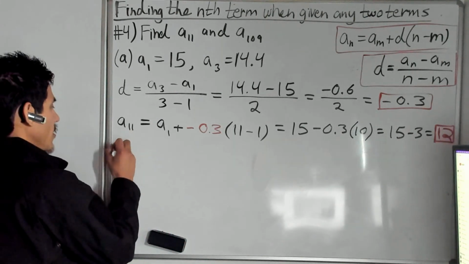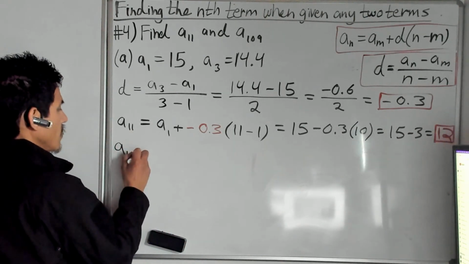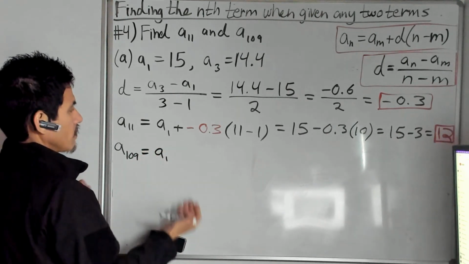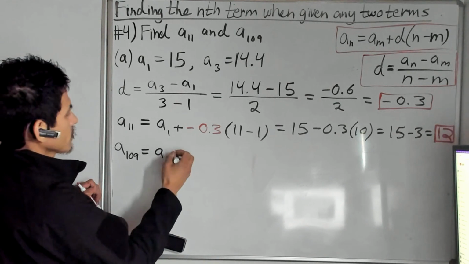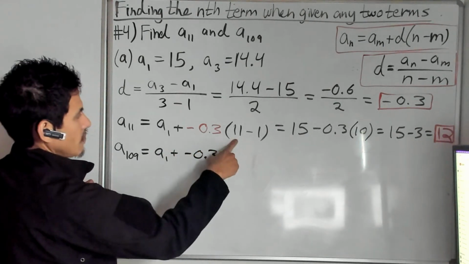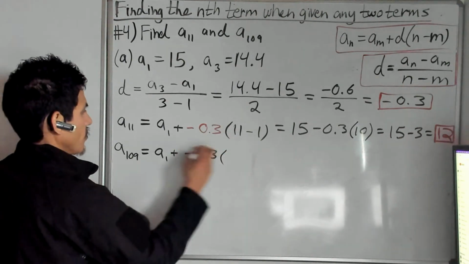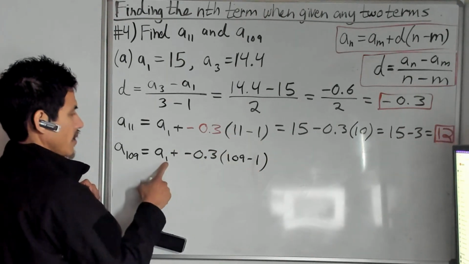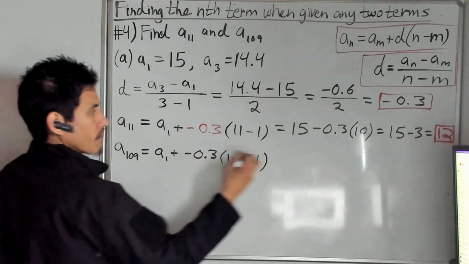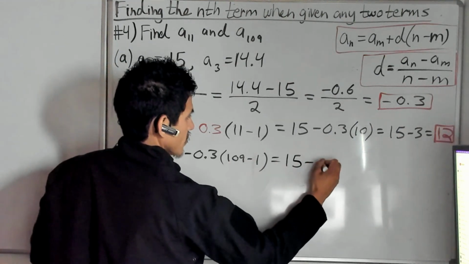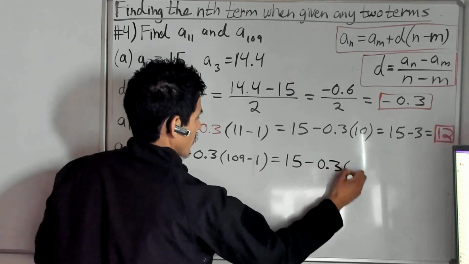And then for A109, we'll have again A1 plus a negative 0.3. We're going to have 109 be our N, 1 still be our M, and we just work our way through. 15, pretty much same setup.